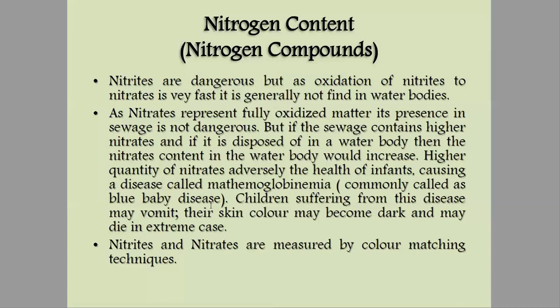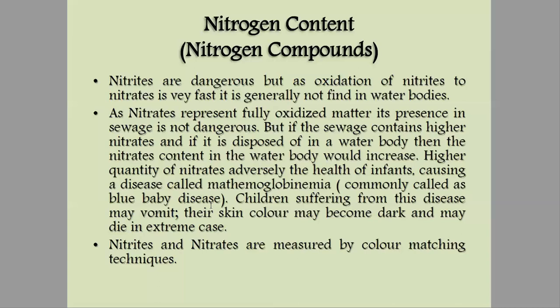A higher quantity of nitrates adversely affects infants, causing the disease methemoglobinemia, also called blue baby. And what are its symptoms? Vomiting, skin color becomes dark, and the person may die in extreme cases.